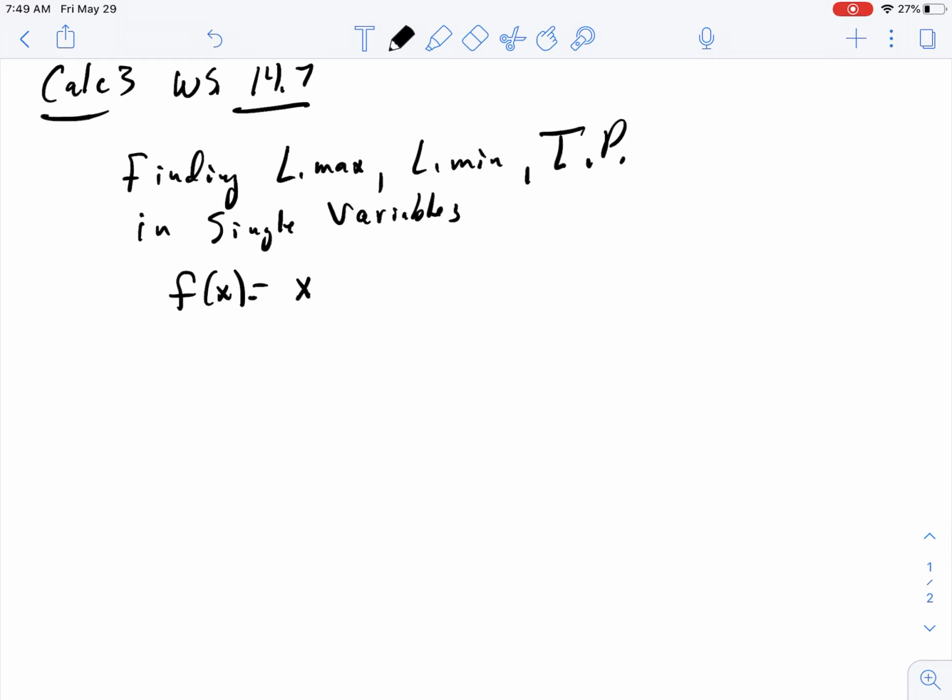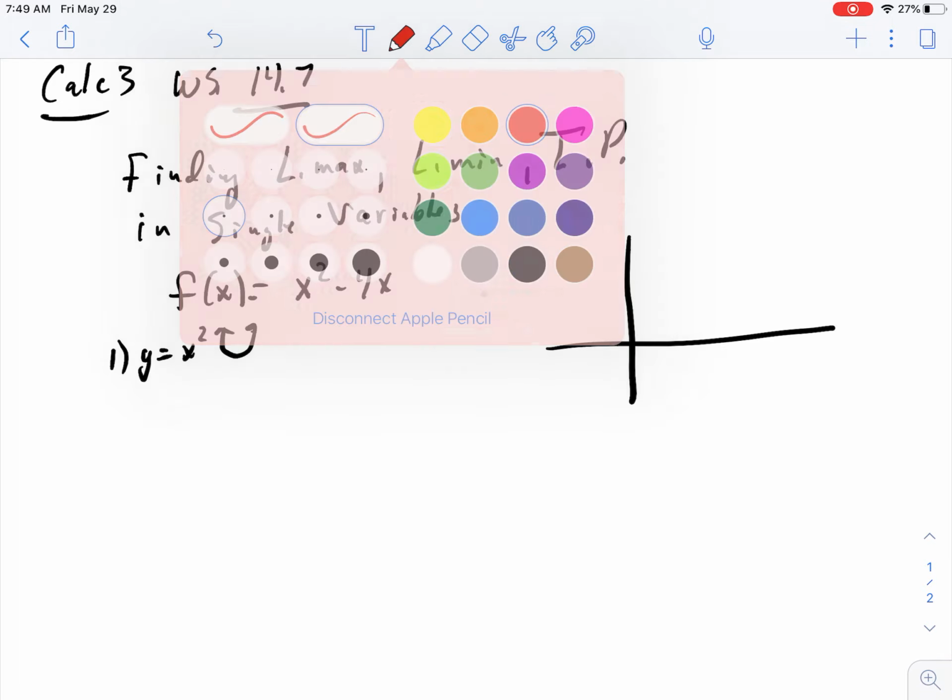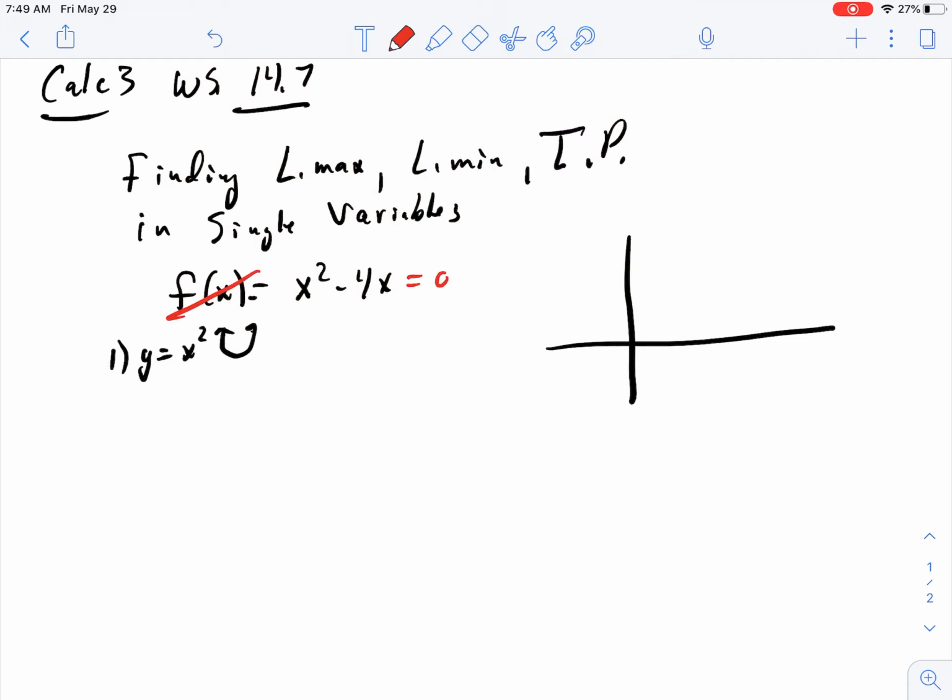Okay, so let's use something real simple. Let's say f of x equals x squared minus 4x. Now, in Algebra 2, you didn't have calculus, so one way we did this was to recognize that this is a parabola as a parent graph. And if we want to graph this out, we knew that we could set it equal to 0 and factor out x minus 4 equals 0.